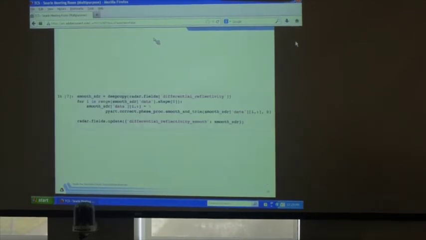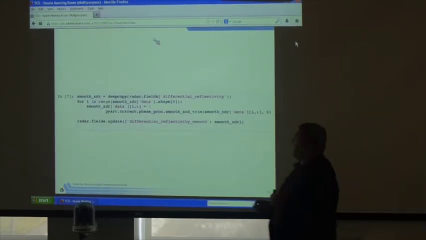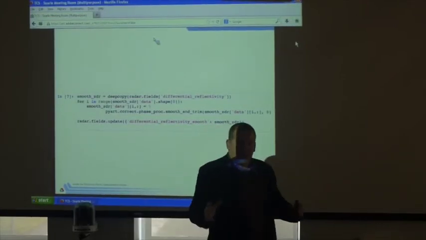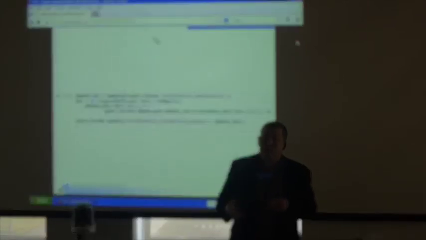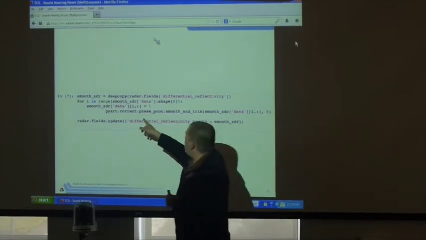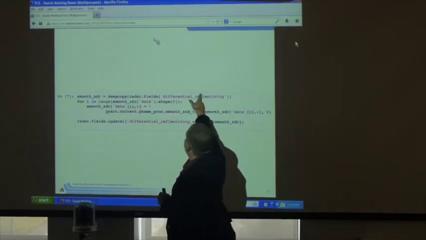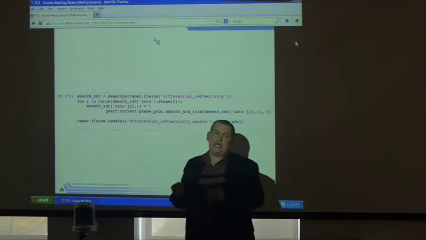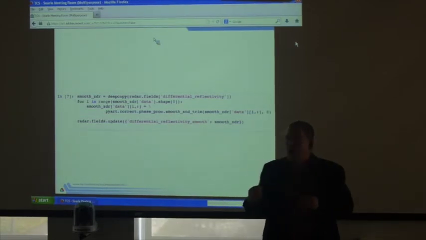So again, working with our common data model mentality here, all I need to do is put together something that follows my common data model and put it back into the radar. So what I want to do, I'm going to grab my differential reflectivity and I'm going to run, just trust me, this bit of code here, which has a 10-point Butterworth smoother over the data.